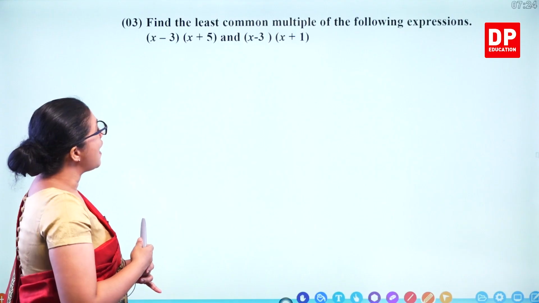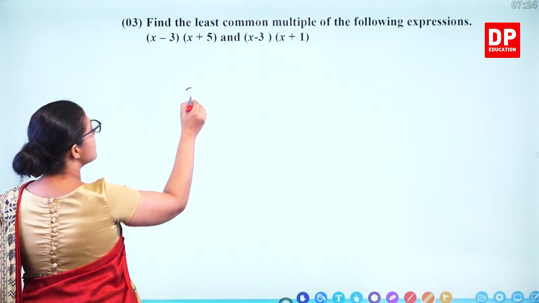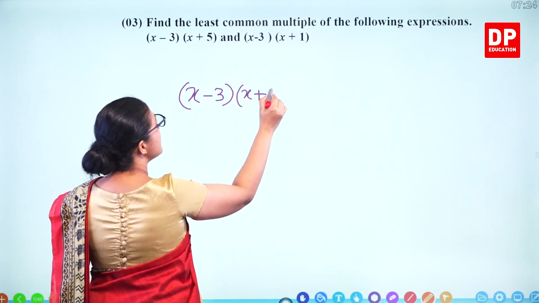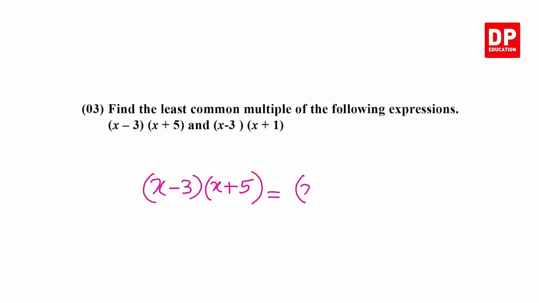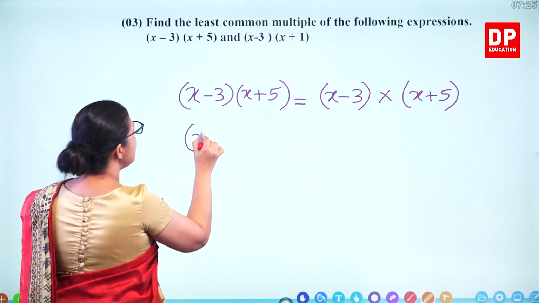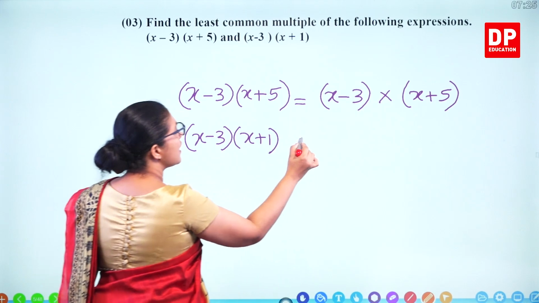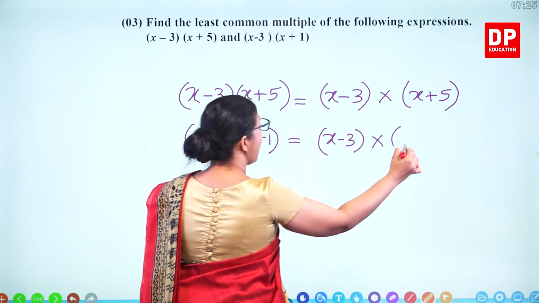Question number 3. Find the least common multiple of the following expressions. X minus 3, x plus 5. So these are 2 expressions. So here the factors are this into this, x plus 5. When it comes to x minus 3 and x plus 1, what are the factors? X minus 3 and x plus 1.